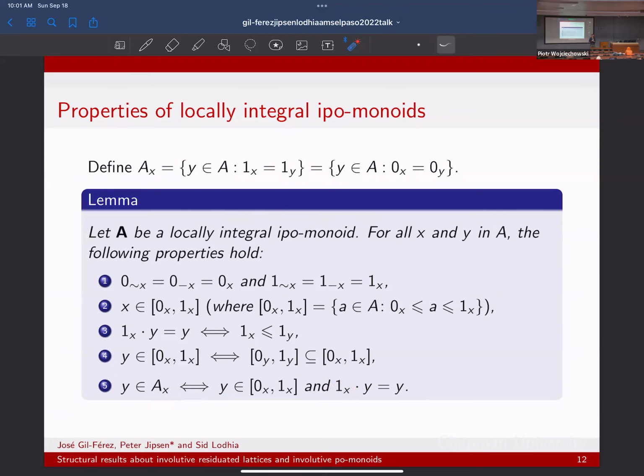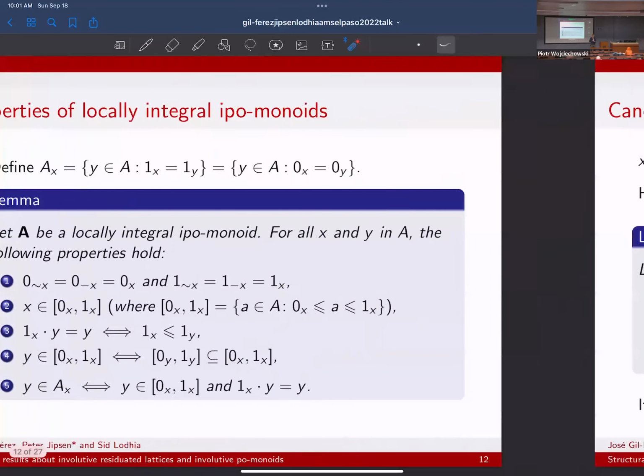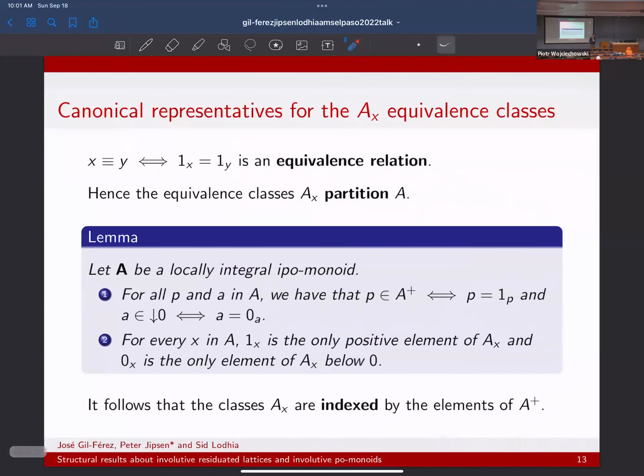So it works nicely, because what will happen now is that these equivalence classes A sub x are going to be our integral algebras from which we build the whole thing. Now, this is here again explaining that the A sub x partition the algebra A, and the A will be a locally integral IPO monoid.